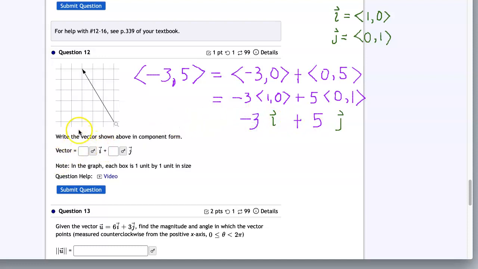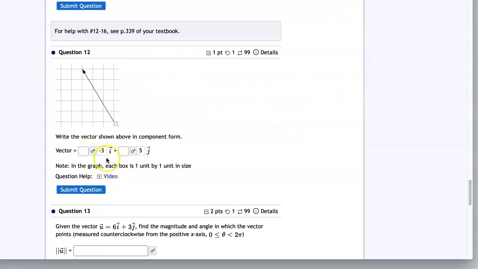So the answer here is -3i plus 5j. Now you don't have to do all this work. I was just trying to show you what is the relationship between these two forms of writing the same vector. This is one kind of component form, and this is another kind of component form. This is the ij form of vectors, and this is the usual component form that we typically see. And here is the answer expressed just like that.